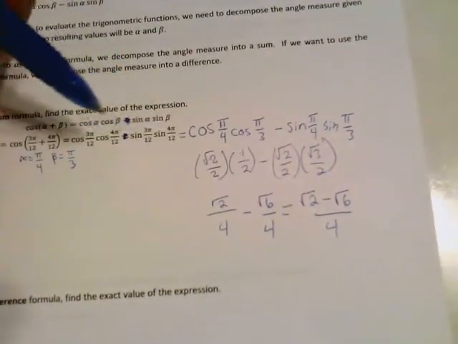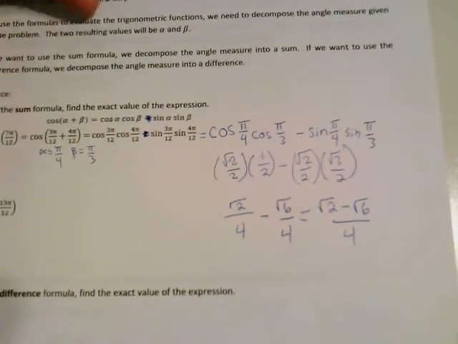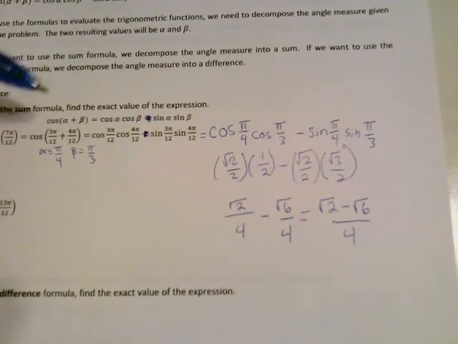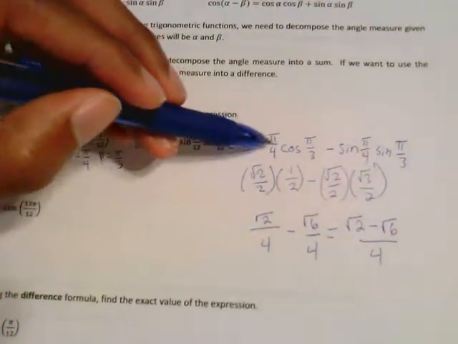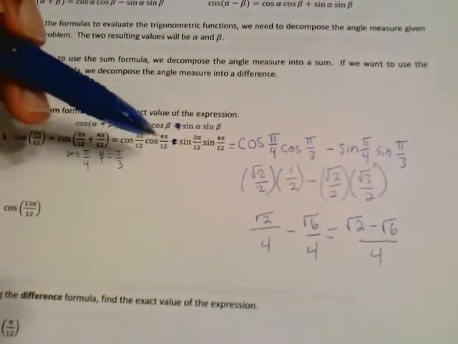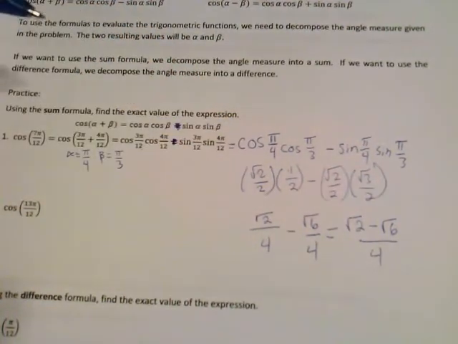And we cannot reduce the problem any further, so we are done with this problem. So again, you want to decompose the unusual or not common angle measure into more common angle measures so that you can use in the formula to evaluate the expression.